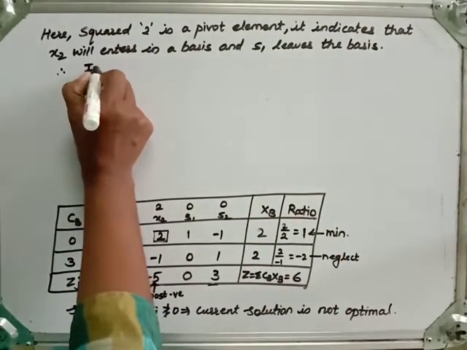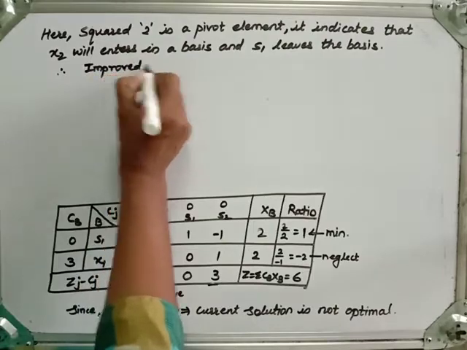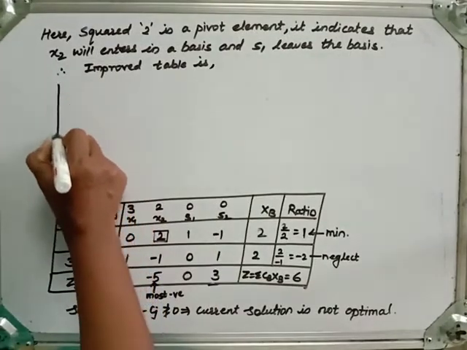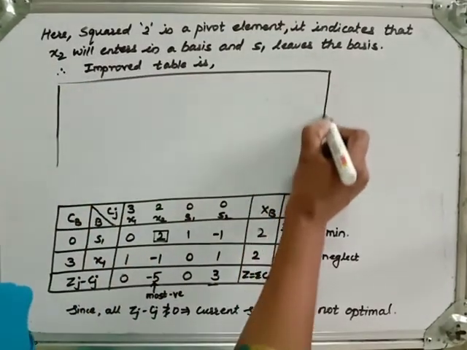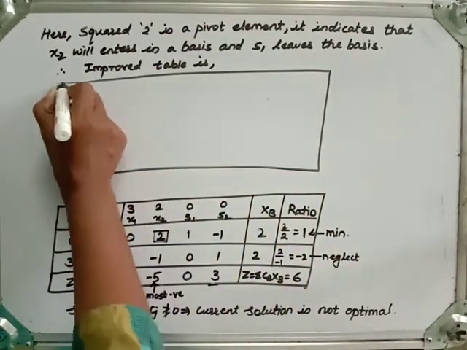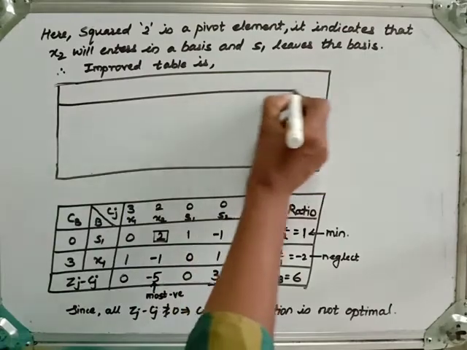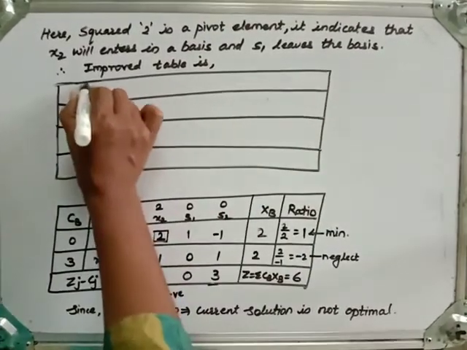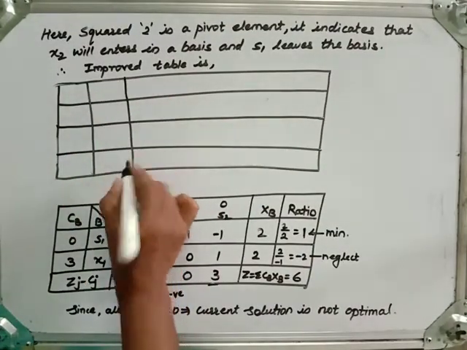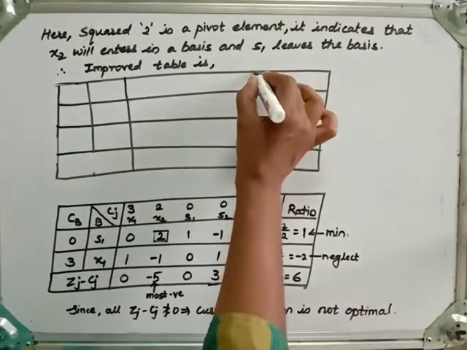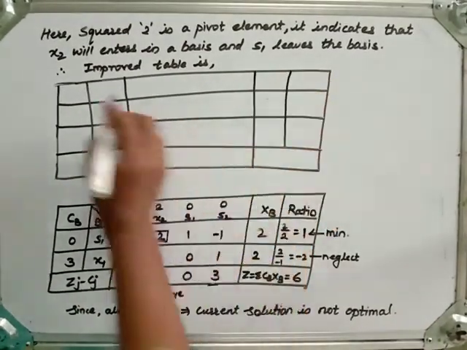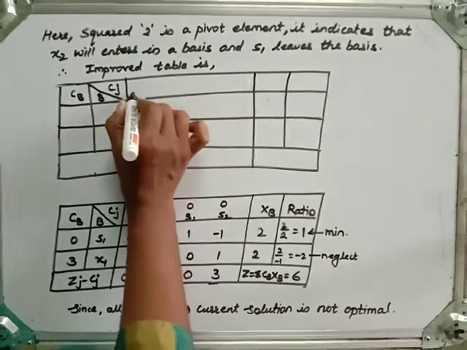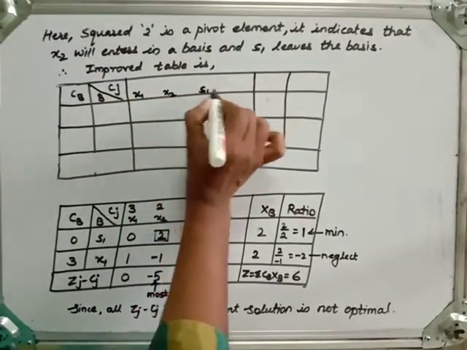Therefore, the improved table is, then the same thing: CB, CJ, B, X1, X2, S1, S2.